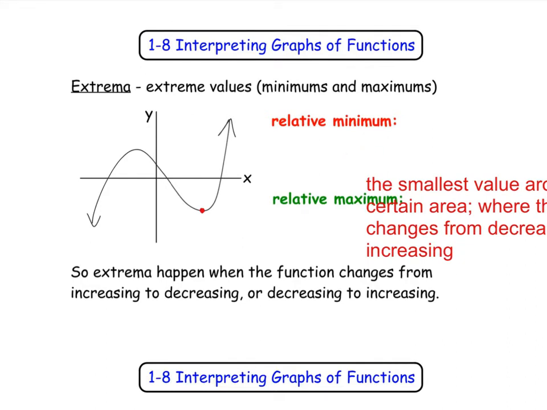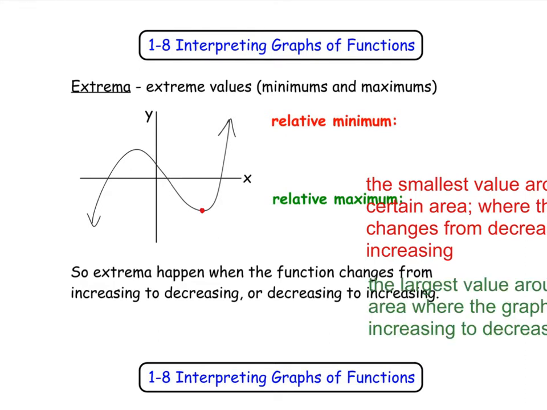So the other one is a relative maximum. It's basically the same definition, but now we're talking about the largest value around a certain area, where the graph changes from increasing to decreasing. So on this graph, that would be this point right here. We were increasing, so we're getting bigger, and then we changed to getting smaller. Again, we are reading from left to right, only left to right for these.